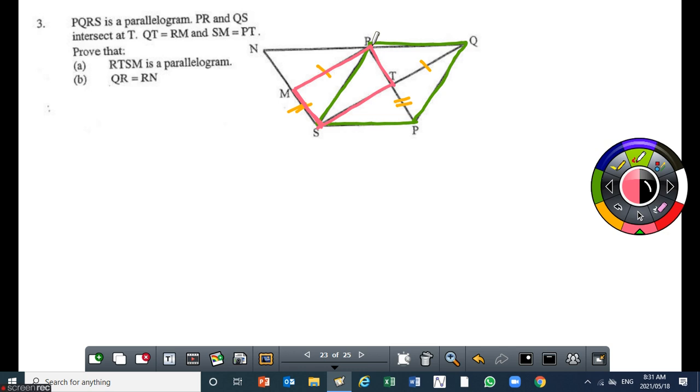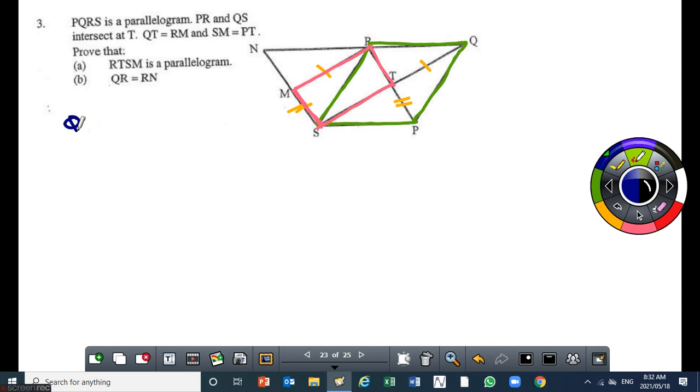Here, before I carry on, I want you to be aware of the following. Since we are told that QT is equal to RM, it therefore means that ST is equal to RM, because the diagonals bisect.